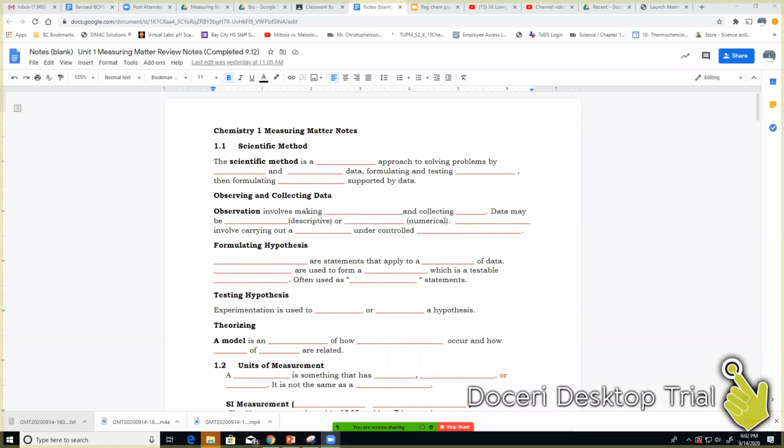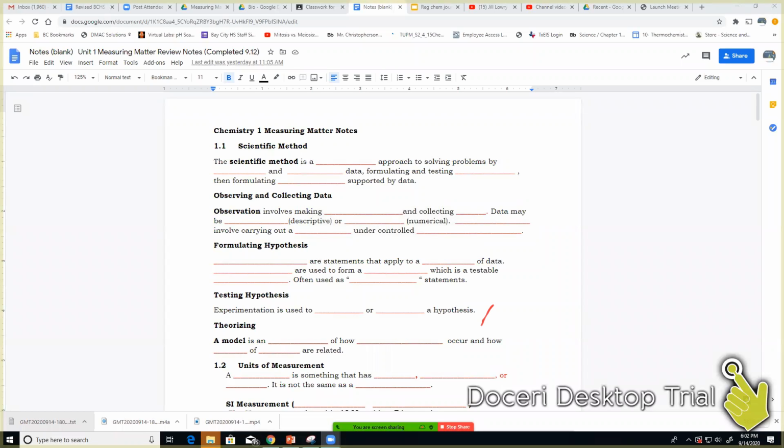All right, so these are our notes, a new set of notes. They're in your Google Classroom, and it's called Measuring Matter Notes. So we're going to start off with the scientific method, which you've covered before.